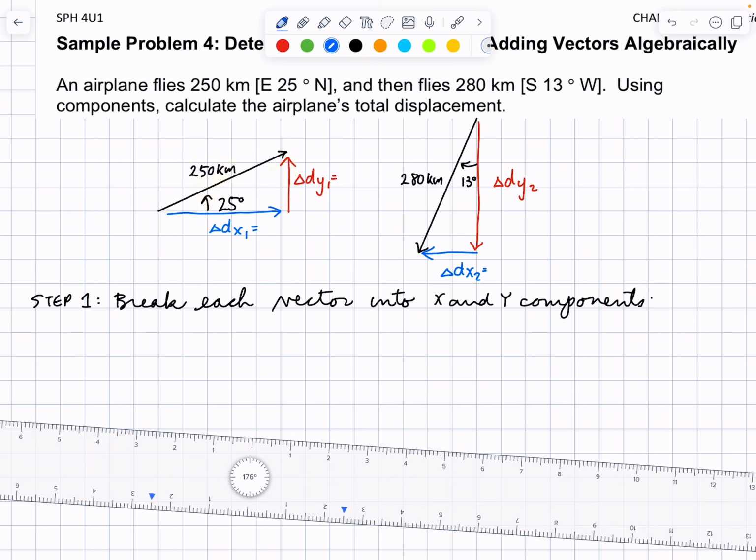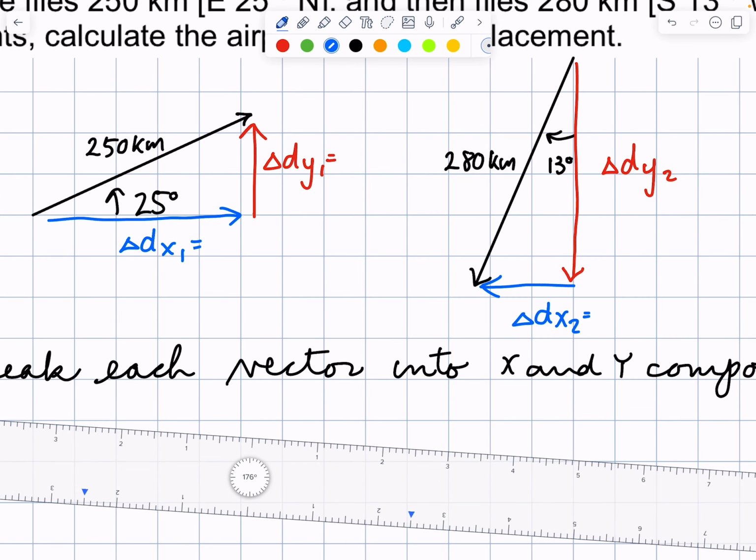So I can determine the magnitude of the y component of this vector, and it is 250 times the sine of 25 degrees. If I punch that into my calculator, I end up with 110 kilometers north.